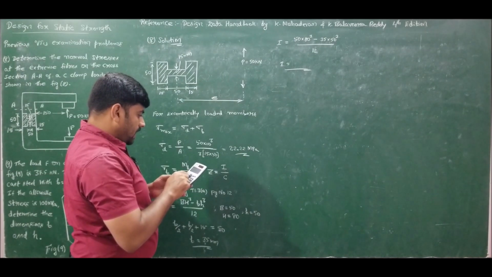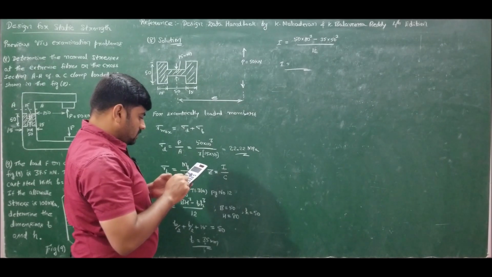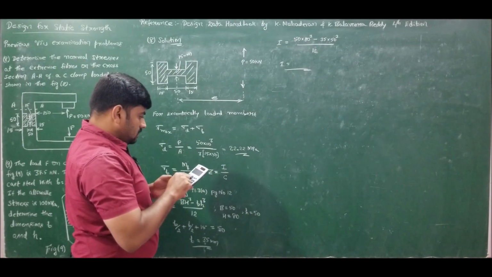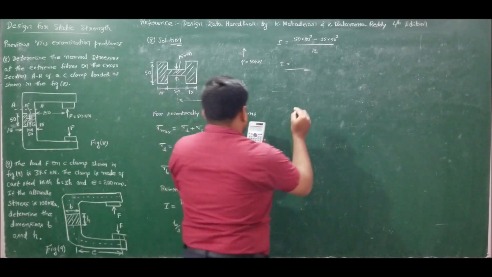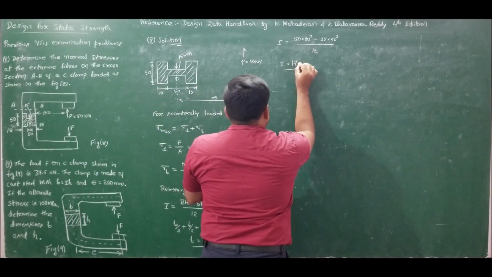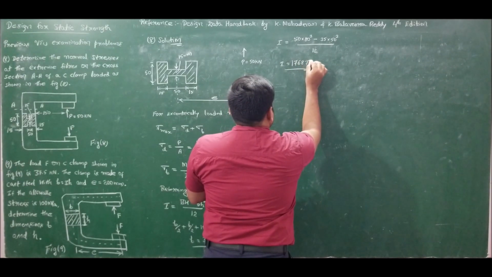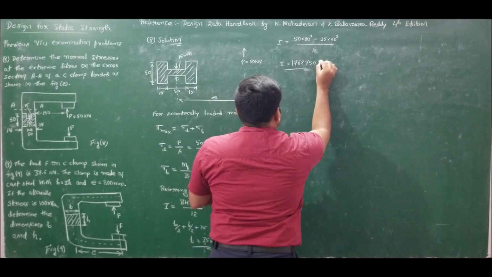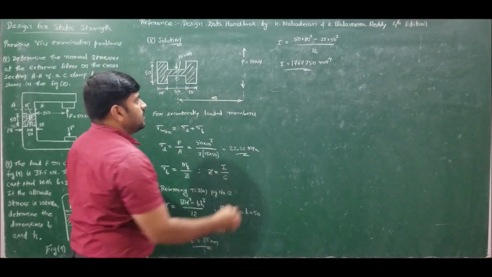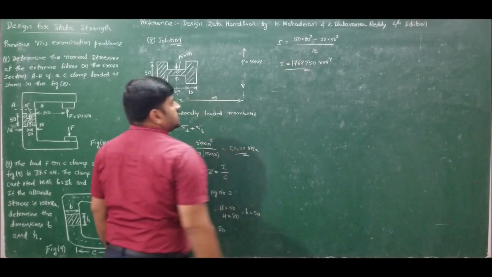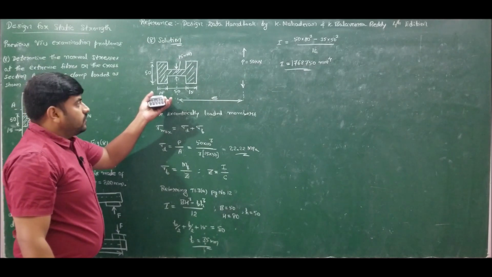Let me put brackets properly. So if I solve, I will get the moment of inertia as 1768750 mm power 4. So this is the value of area moment of inertia for the I section given for us.